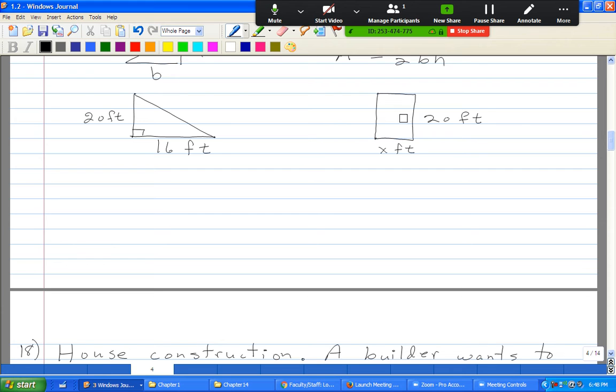And so we want that these two areas are the same so that you've doubled the area.